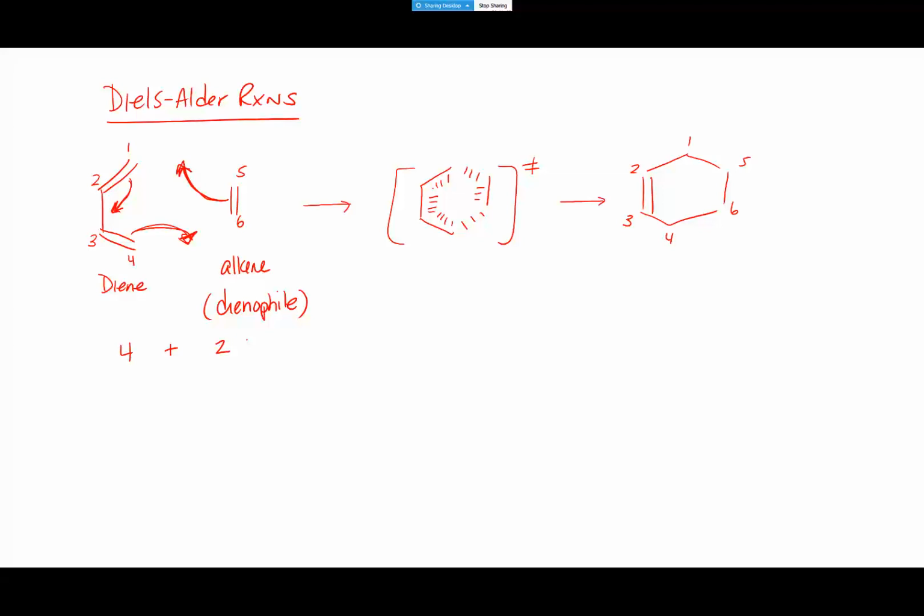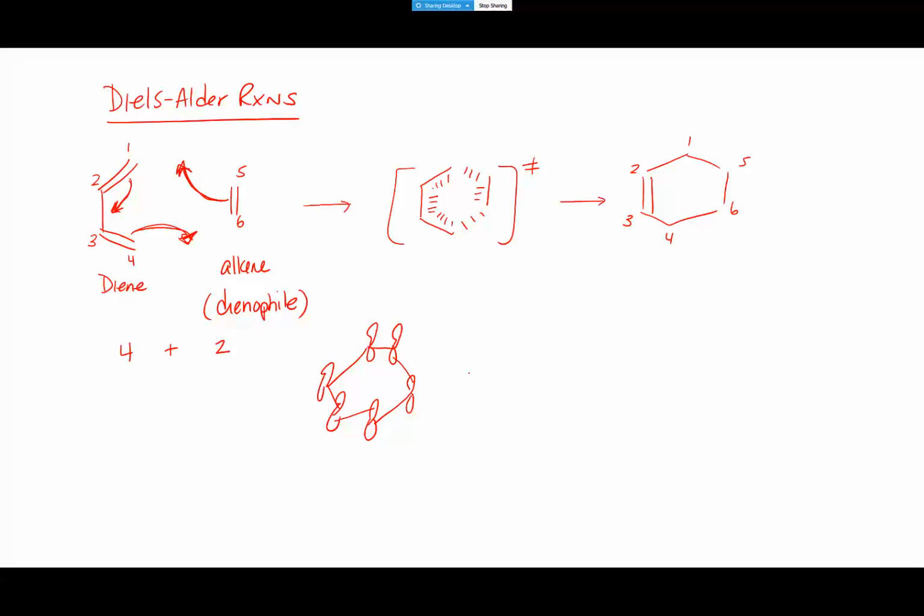Now the way this works is that if I draw out my diene, I'm going to have all sp2 hybridized carbons with those p orbitals, and then down below I'm going to have my alkene with its p orbitals. And so what happens is that you overlap the bottom and top half of the p orbitals, and you end up forming the 6-membered ring.